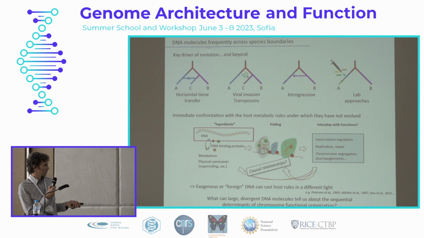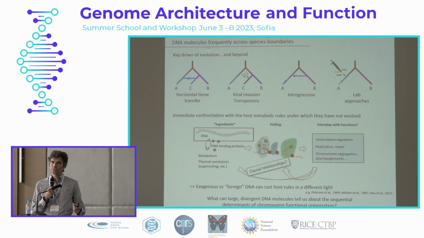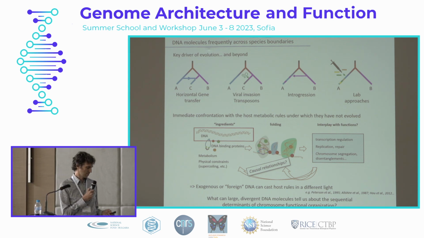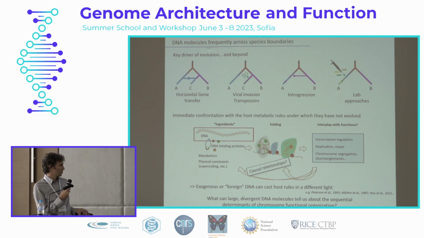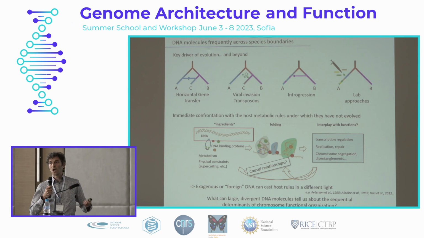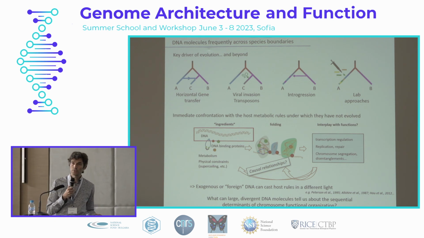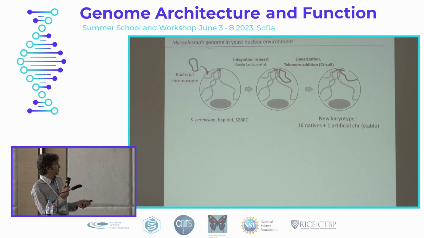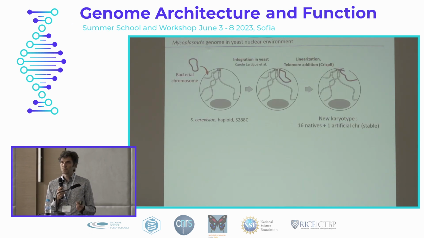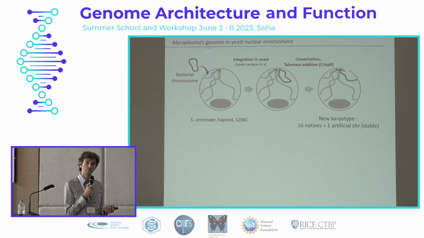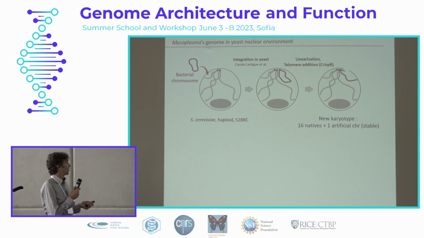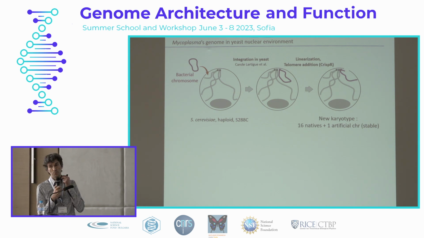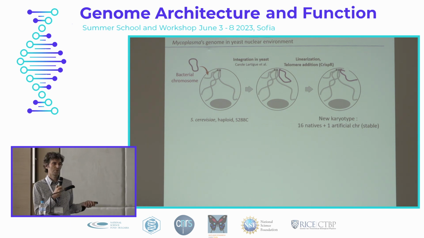Since we work a bit on infection and these kinds of things, I was wondering, can we play a bit with this question? Can we introduce and investigate how large, very divergent DNA molecules behave in a completely new, different context? To do that, we turned to strains that were primarily developed by Craig Venter's lab, including by Carole Lartigue, who visited Pasteur almost 10 years ago and showed what she did during her postdoc.